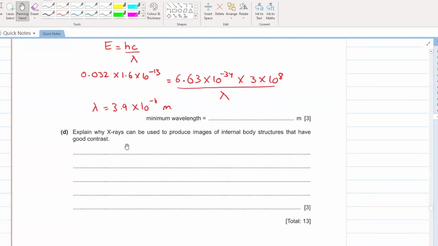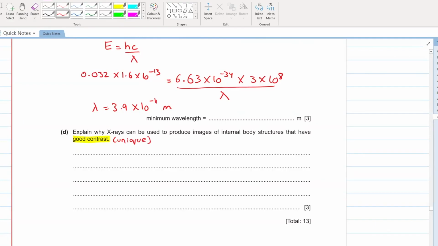Let's further move ahead. Explain why X-rays can be used to produce images of internal body structures that have good contrast. A very unique sort of question. This rarely comes in the examination. Why are X-rays used to produce images of internal body structures that have a good contrast?